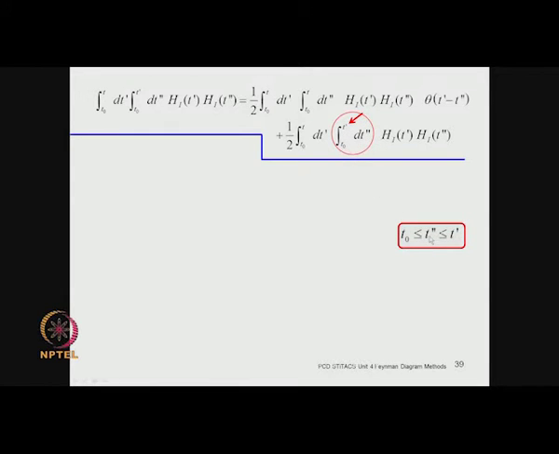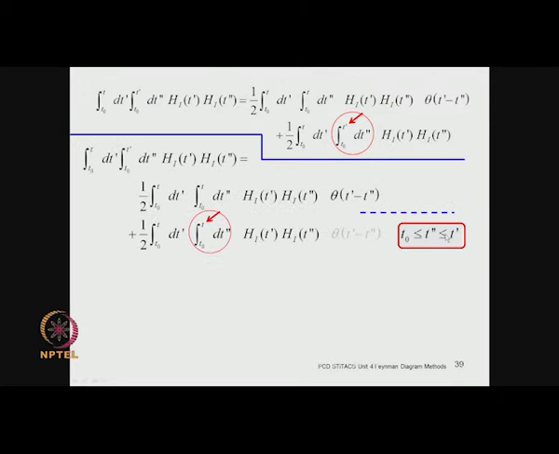So, you have t double prime which must go from a lower limit t0 to an upper limit t prime, which is this, okay? And now you can let the upper limit go all the way to t, because t prime must subsequently go from t0 to t. So, you let that happen and then have the ordering taken care of by the Heaviside step function, right.